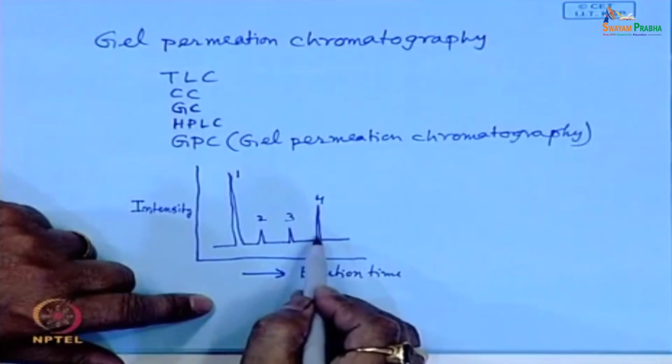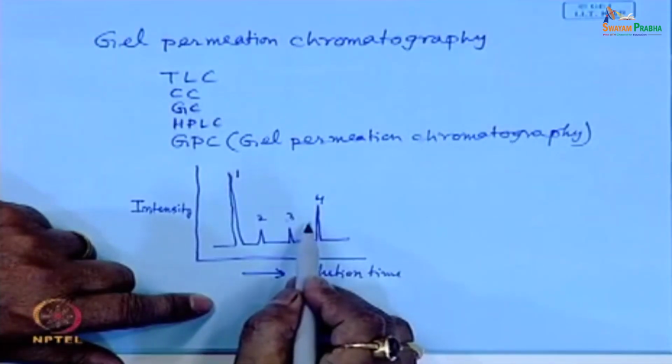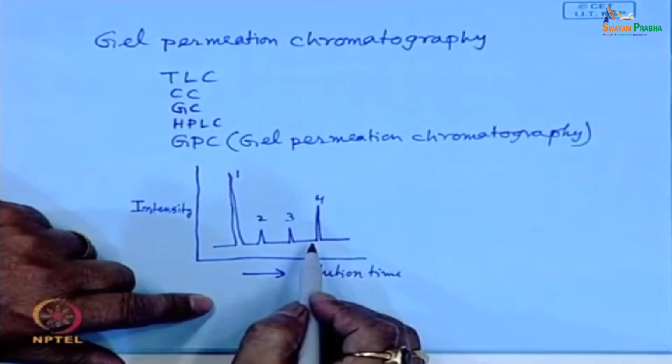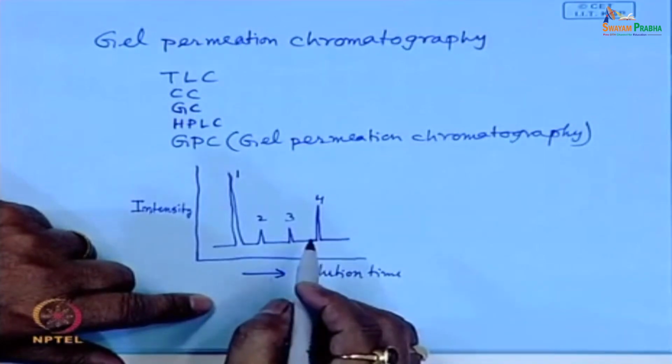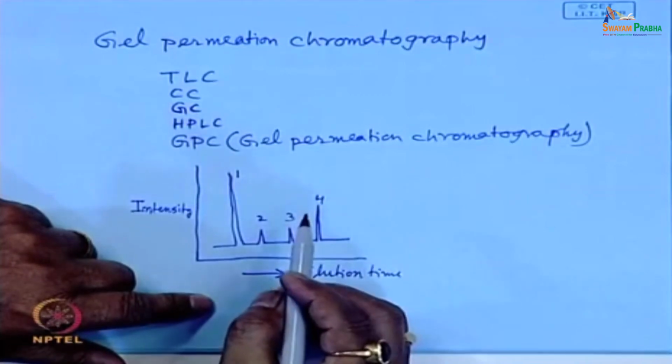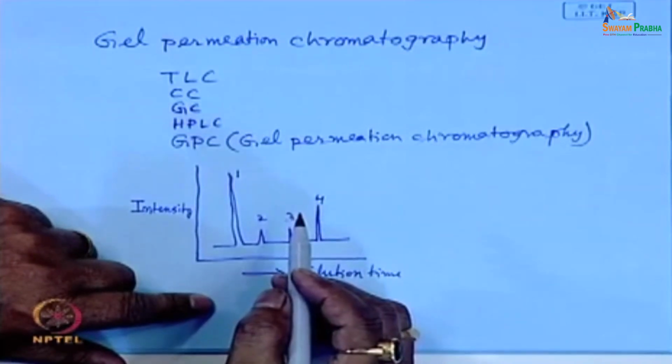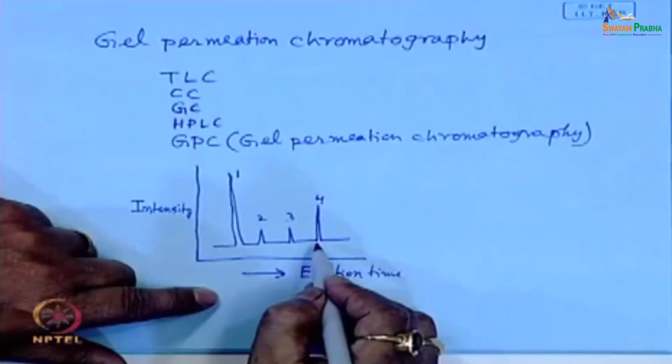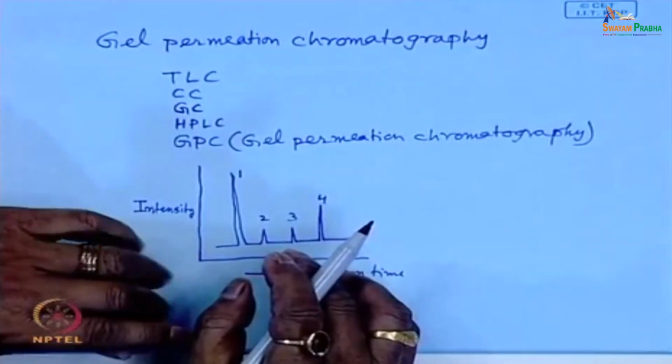In order to know that, you have to collect the component or the solute present in this fraction, isolate and purify it, take the solid, and then go for spectroscopic analysis, IR, NMR, etc. From that you can know the identity of the fourth component. These various details are available in a book, you can go through that.